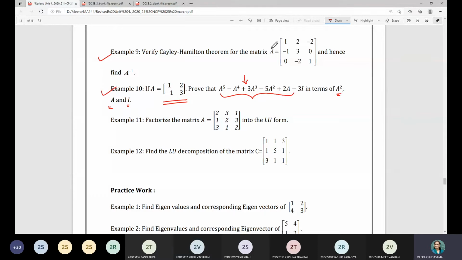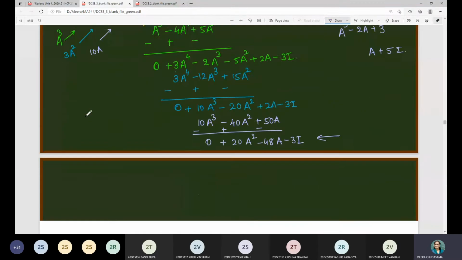Then we have to verify it by putting the matrix. Yes, you have to start with the LHS and then show that LHS is nothing but the zero matrix of order 3 cross 3, right? So let us start with it.